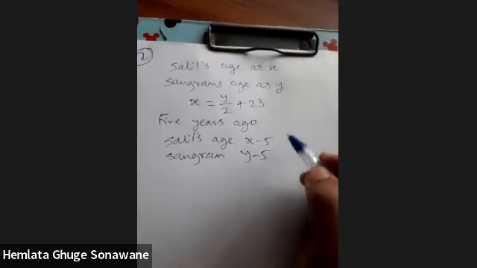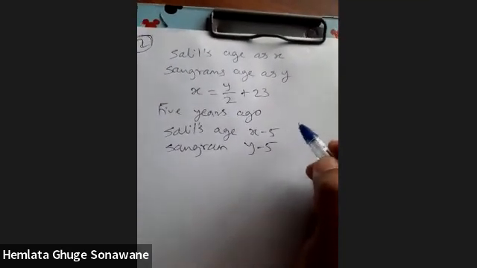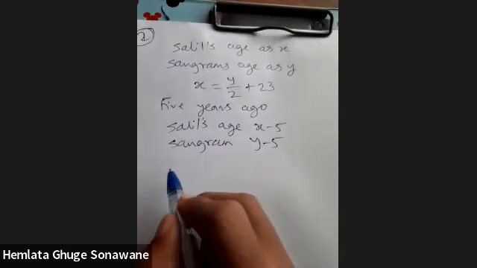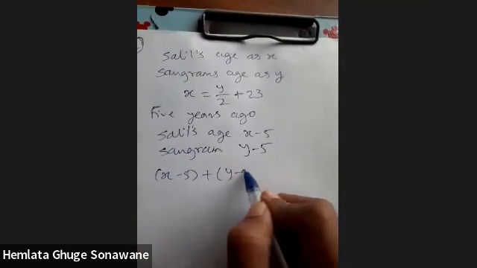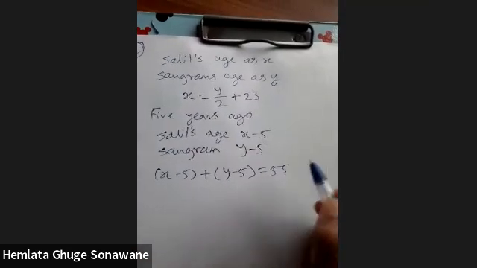Its sum is 55. So what we have to do? We have to add x minus 5 plus y minus 5, that becomes 55.